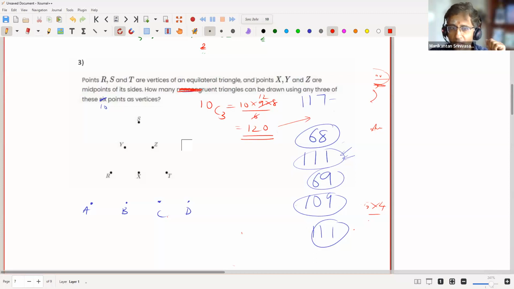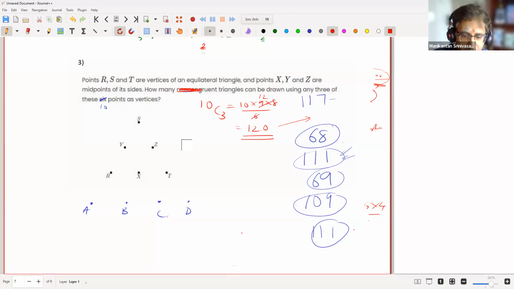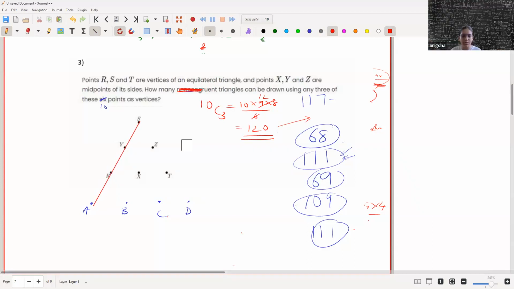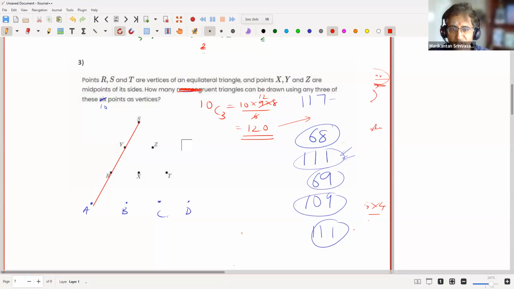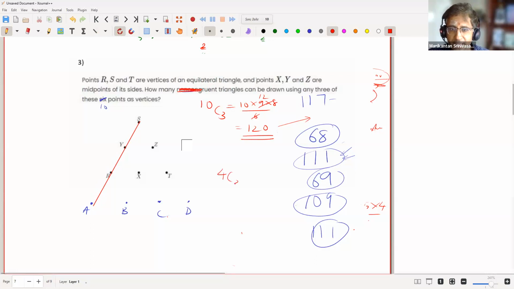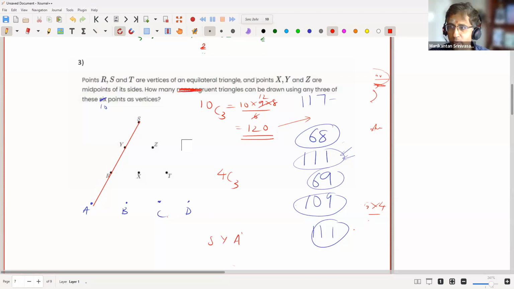Okay. So when can they lie on a straight line? Let's take the line SYRA. Go ahead, Snigdha, you're saying? Oh, wait. Nothing. Okay. All right. So in the line SYRA, of the 4 points, if I pick any 3, for example, S, Y, and A, then that won't be a triangle.